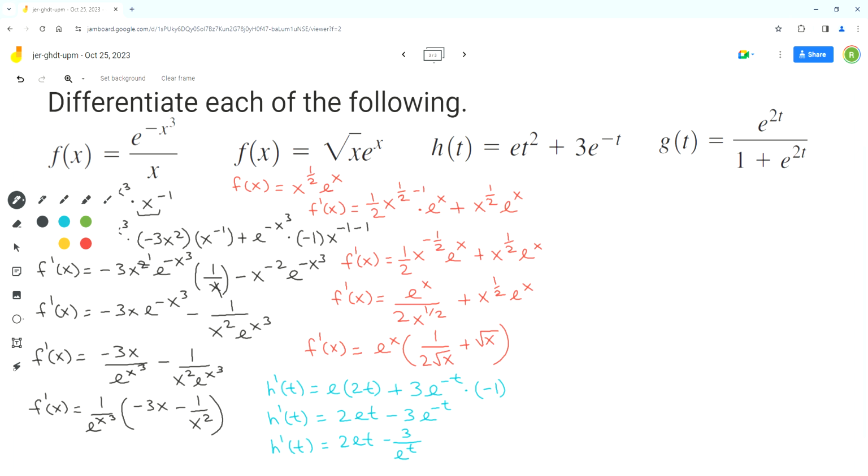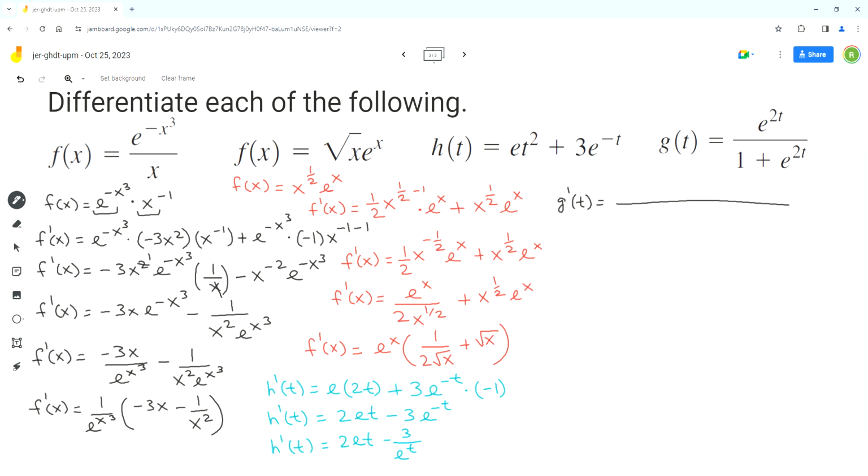In this case, the exponential term is in the numerator and the denominator. So here we can use the quotient rule to find the derivative of this function. As per the quotient rule, g prime of t equals the derivative of the numerator.